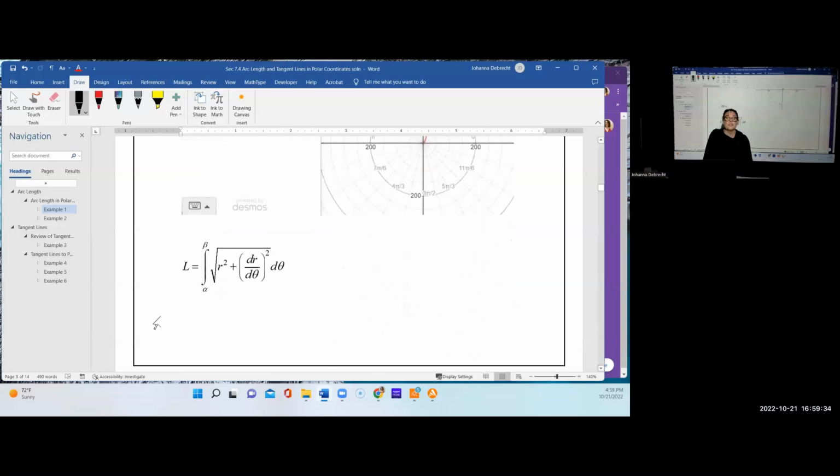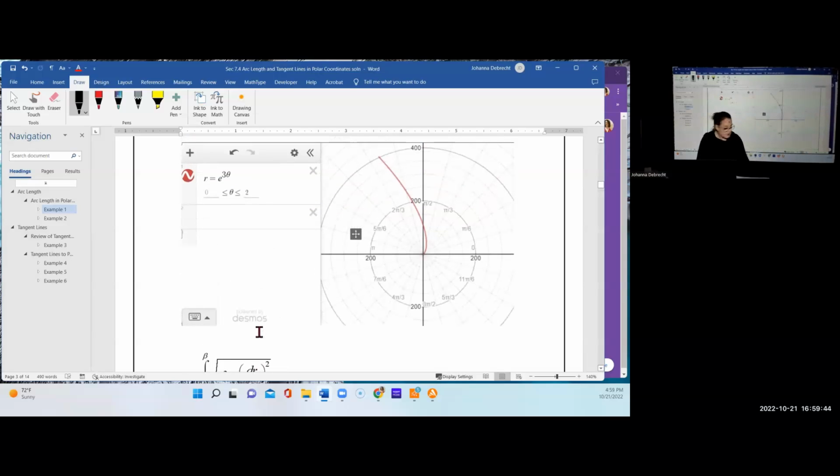And you can assume that the 0 to 2 is in radians, 0 radians to 2 radians. So again, you can tell up here, this is going from 0 radians around to 2 radians. 2 radians is in quadrant 2, where pi over 2 is about 1.57 and pi is about 3.14. So 2 radians is closer to the pi over 2 position.